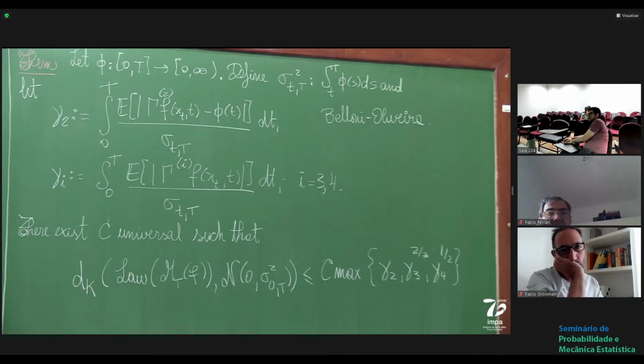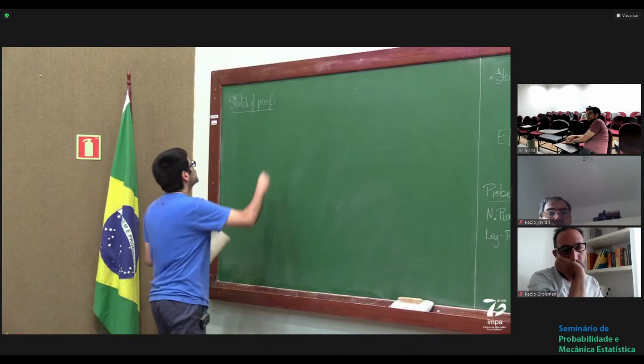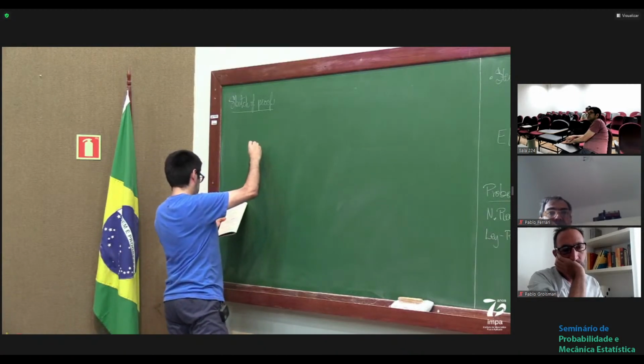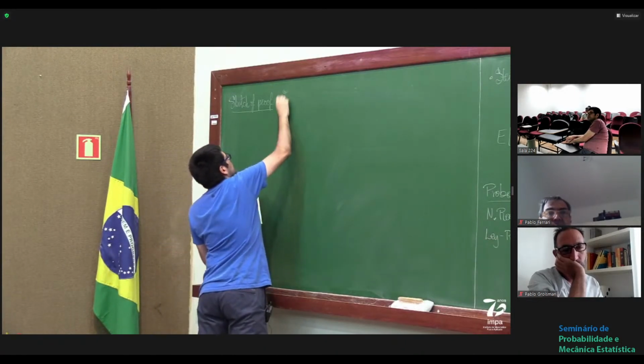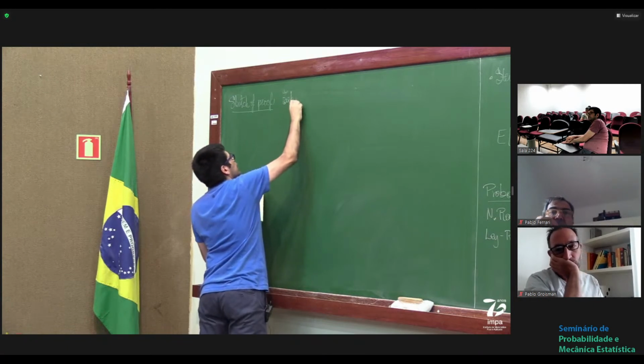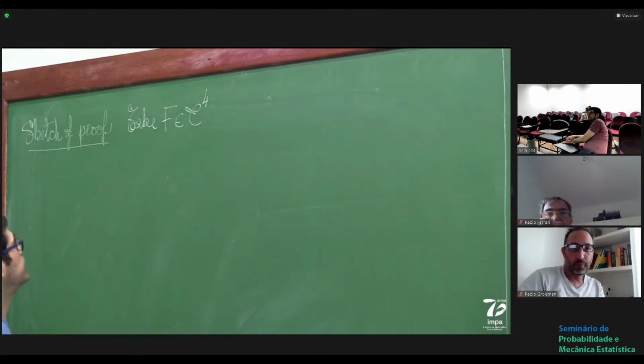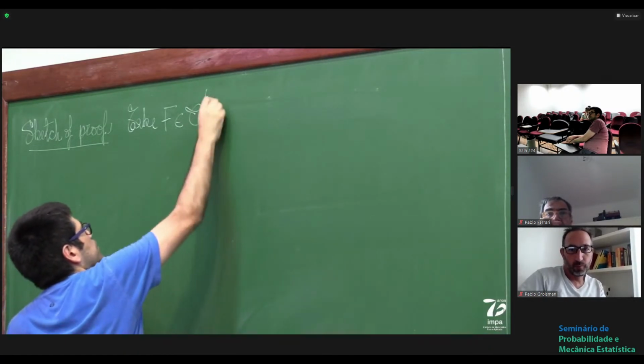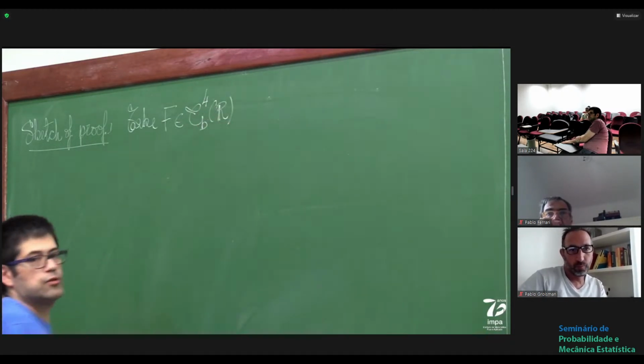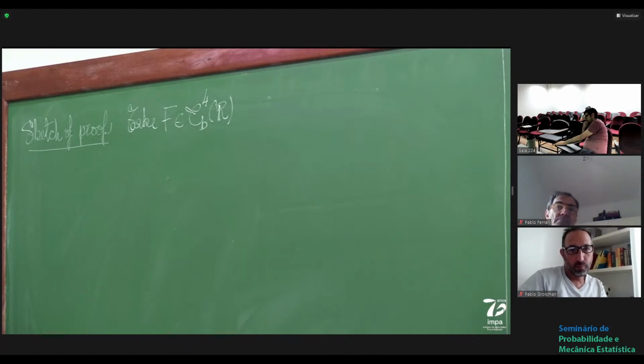And so how do you prove this theorem? It's not very difficult. You start with the function f in C4. I want the function f to be bounded, and all its first 4 derivatives to be bounded.